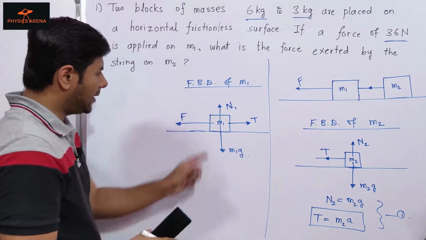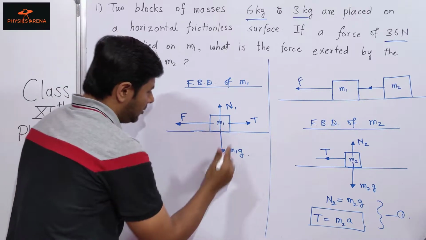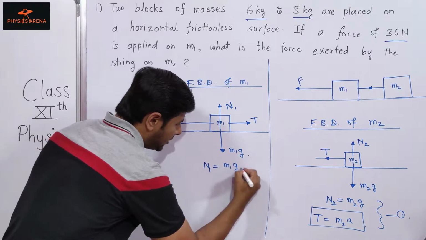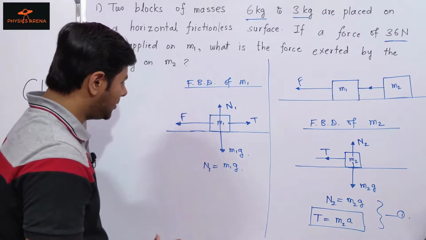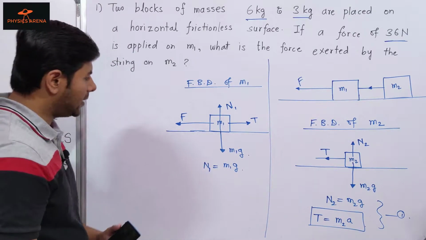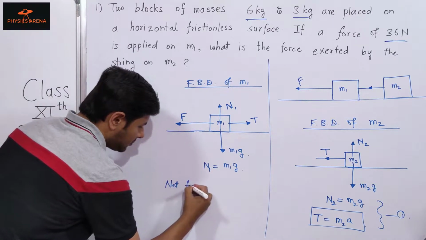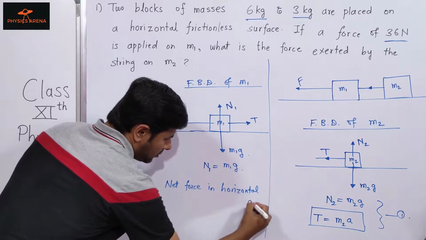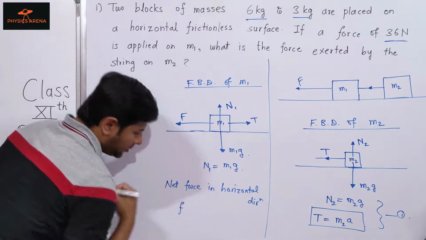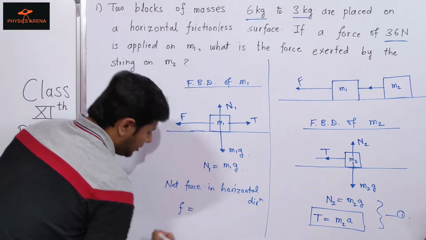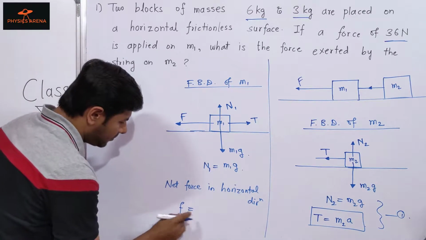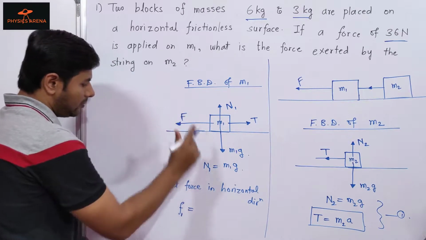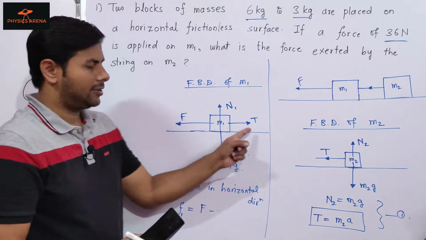Now I can write down some equations. So I have N1 equals m1 multiplied by g. The normal reaction balances the weight. Then the net force in the horizontal direction, let's call it small f, or f suffix 1, for mass 1, is equal to this force F minus the tension in the string.